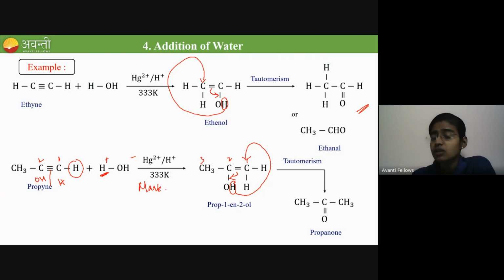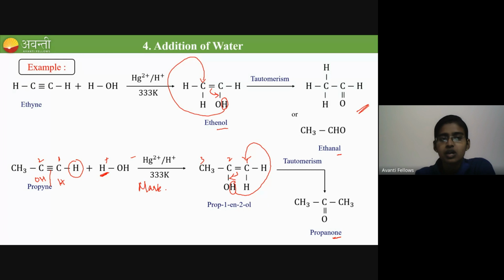Tautomerism is one type of isomerism under structural isomerism, like chain isomerism, functional isomerism and positional isomerism. In tautomerism the molecular formula is the same, but the functional group differs between the tautomers. One will be the enol and the other will be the aldehyde or ketone.